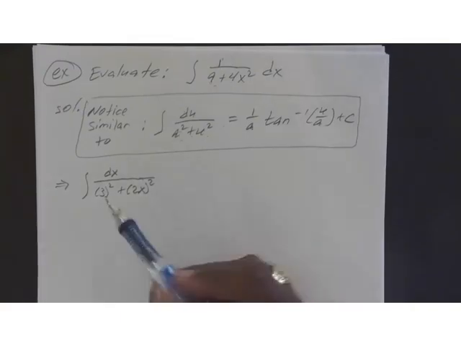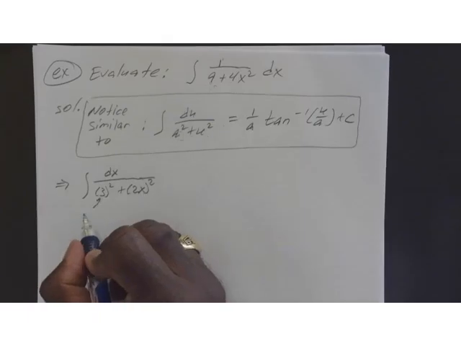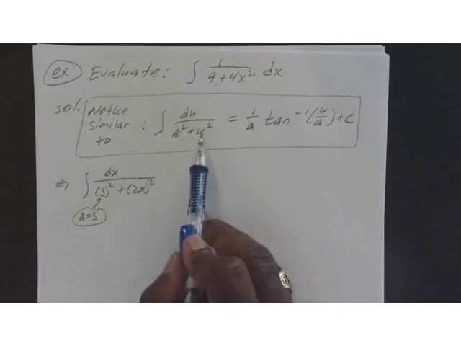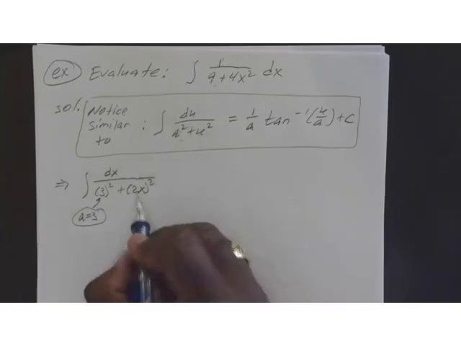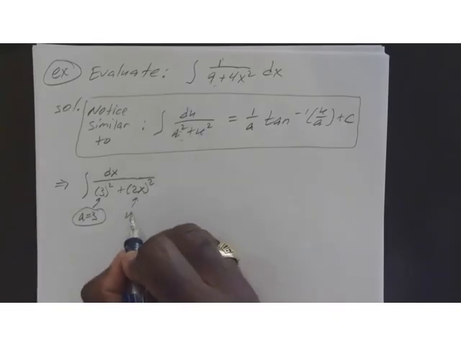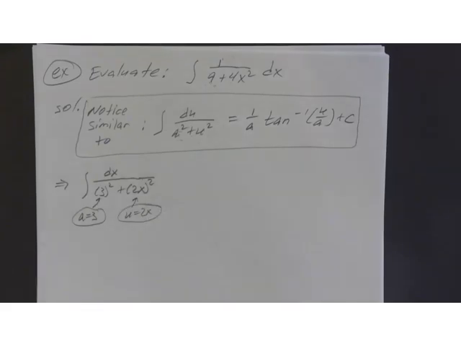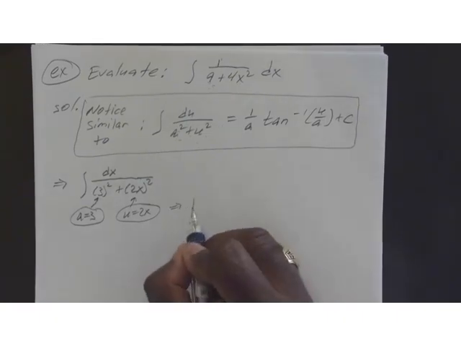So if we match these up, we see that a is equal to 3 and our u is equal to 2x. So as soon as we identify the u, that means we can find du.